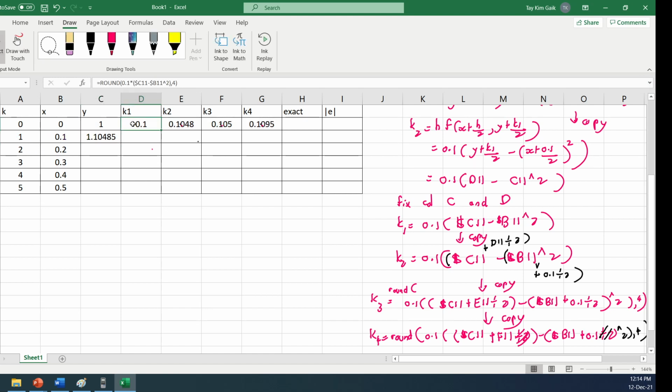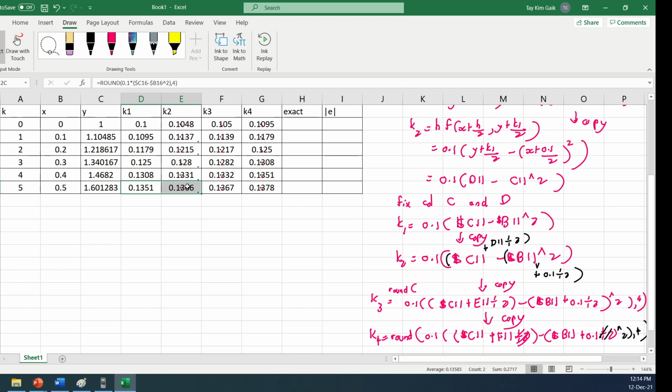Then you can select k1, k2, k3 formula, copy it until k equal to 1. Then you can select the whole row start from y1 until k4. Copy it down. That's why this one got extra, because copy it down. This one you may delete it.